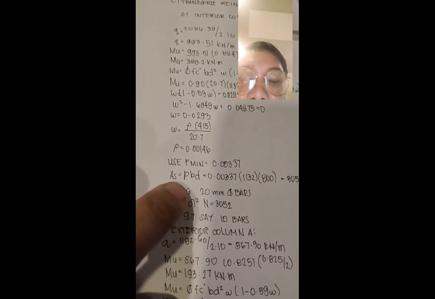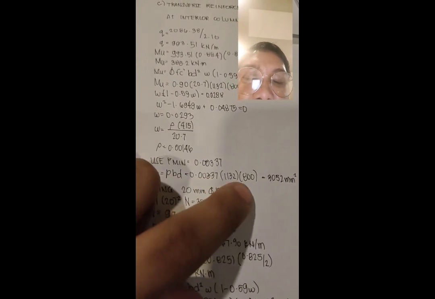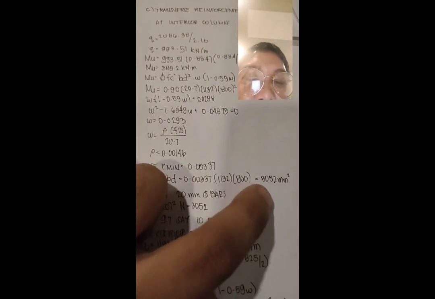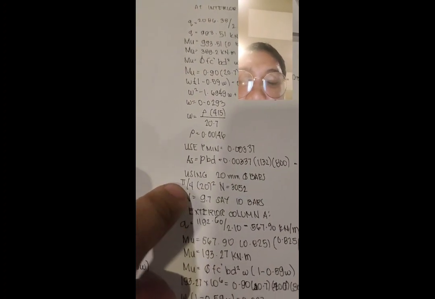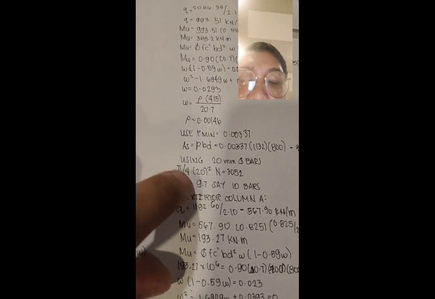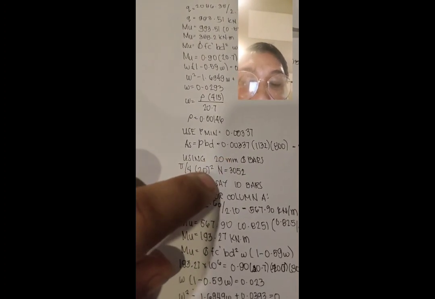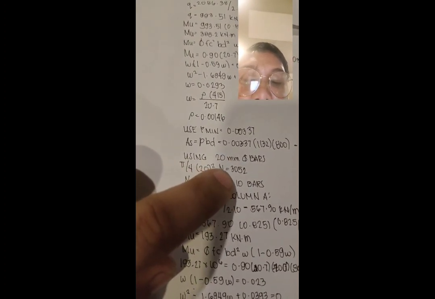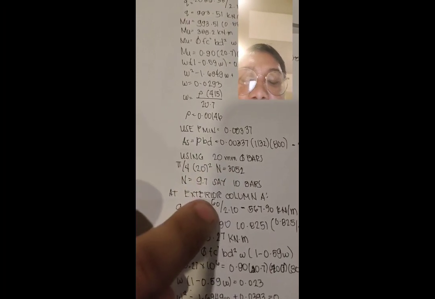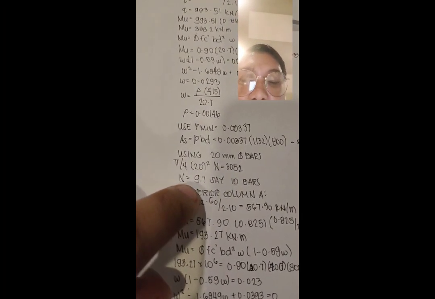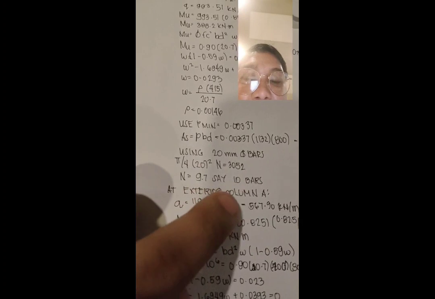Now, we have the area of steel again, rho bd, which is equal to 3052 mm squared. Using 20 mm diameter bars, we have here pi over 4 times 20 mm squared times N is equal to 3052. The number is 9.7, say 10 bars.